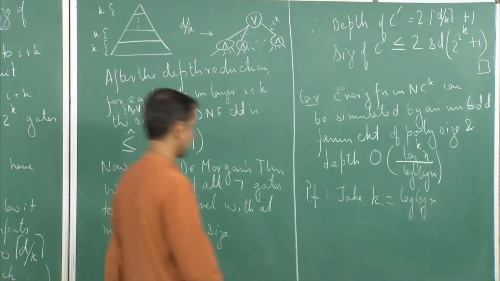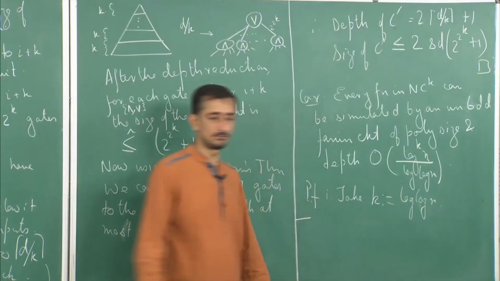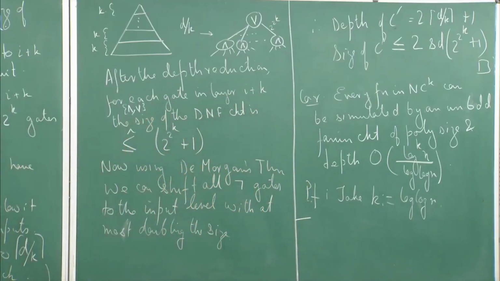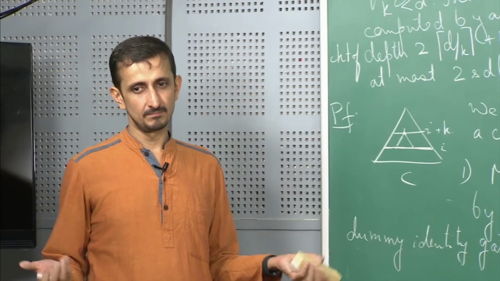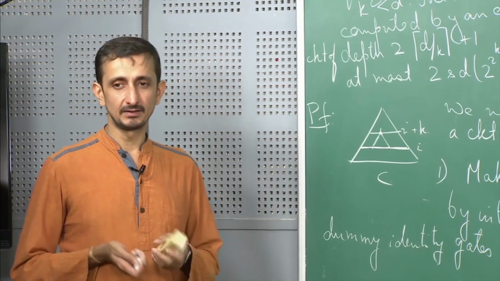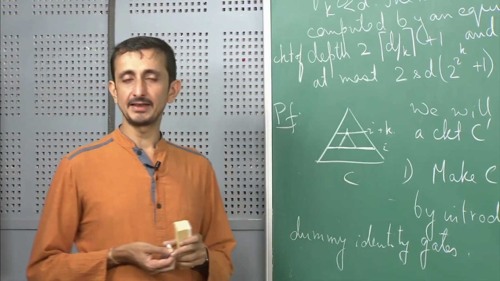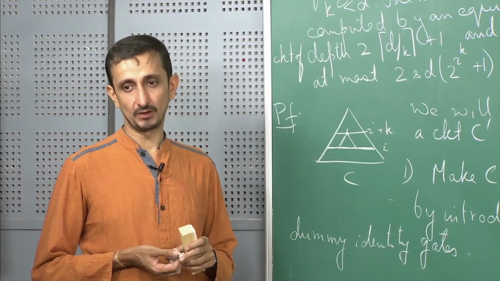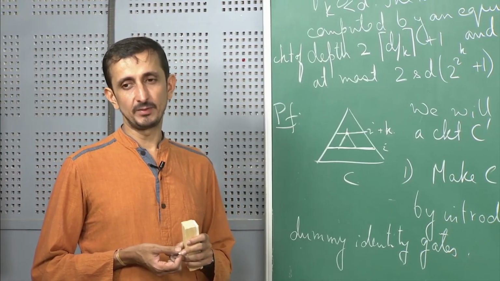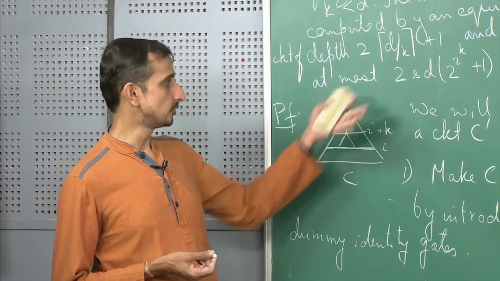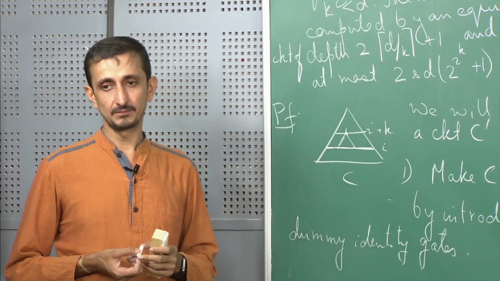Okay. So, this is improving upon the observation that NC^i is in AC^i. Any questions? It is reducing by a factor of k, and you can take k to be anything. If you want the size to be polynomial, then you can take k at most log n, because if you take k bigger than log n, then 2 to the power k will be bigger than polynomial.